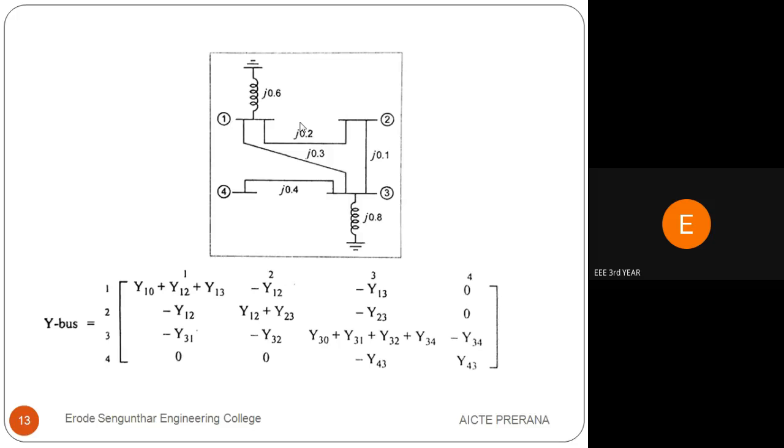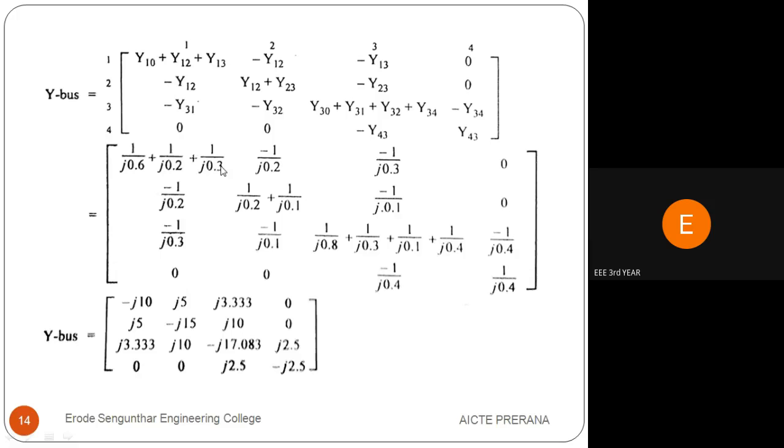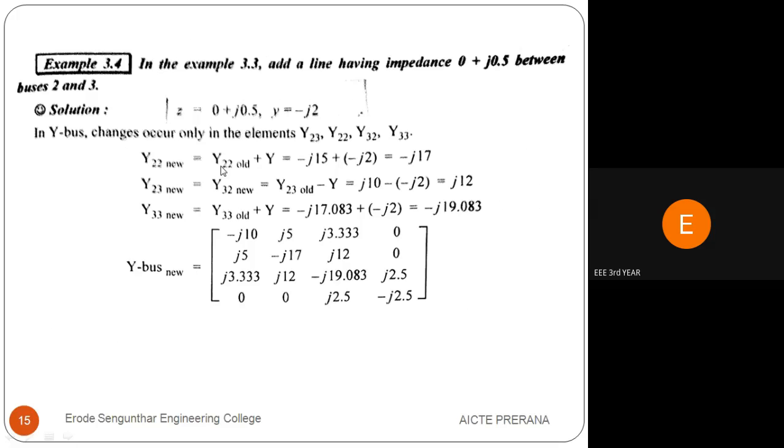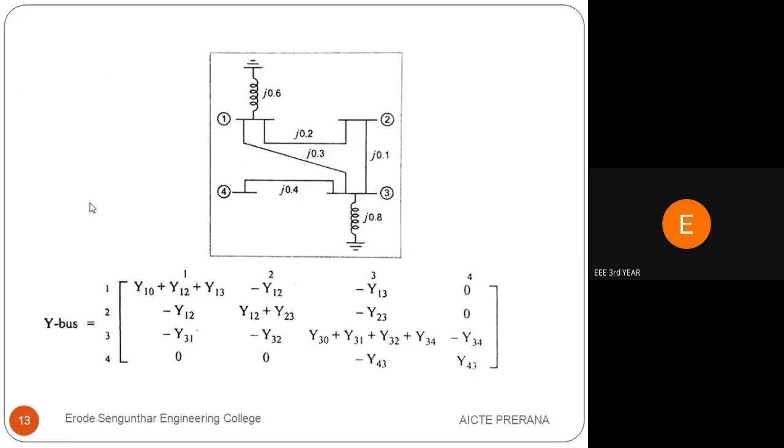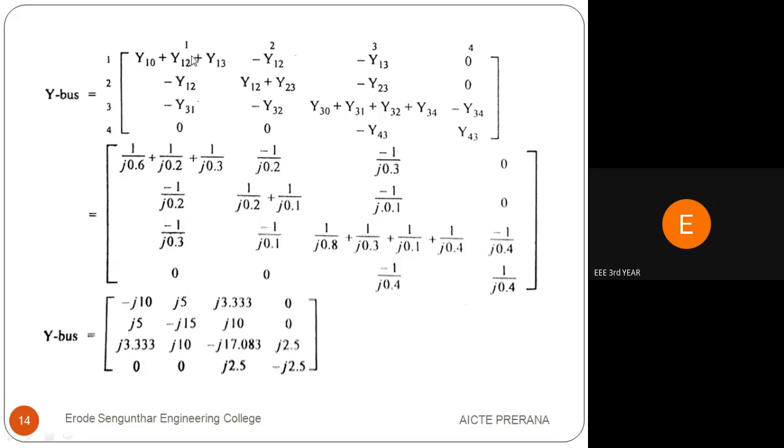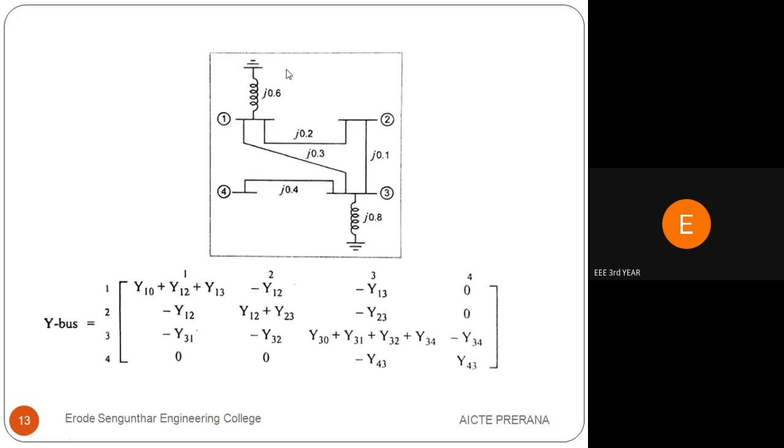What is the value of Y13? It's J 0.3. Substitute that J 0.3 here, so 1 by J 0.3. Like that, fill this matrix, that is minus Y12. The value is J 0.2.